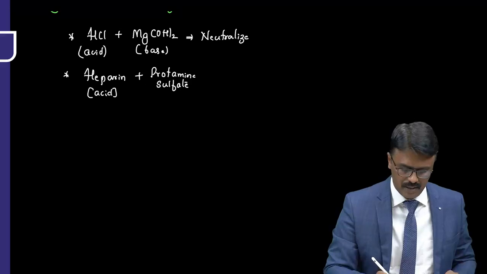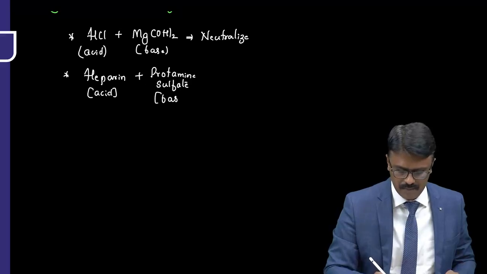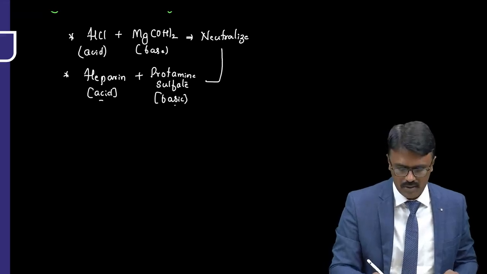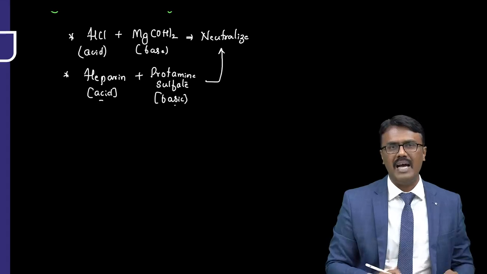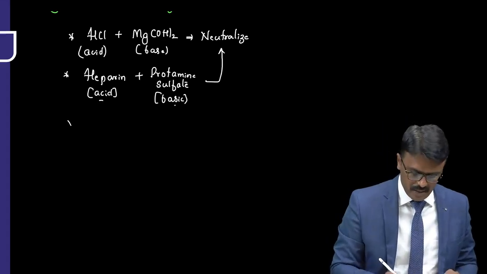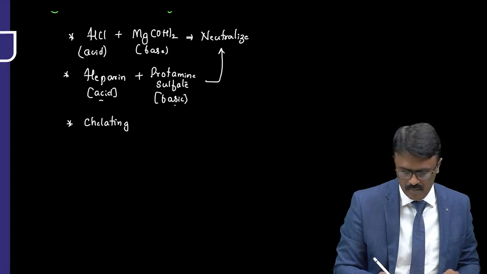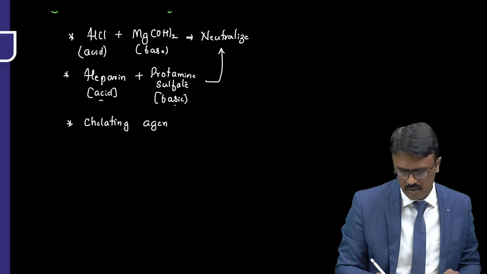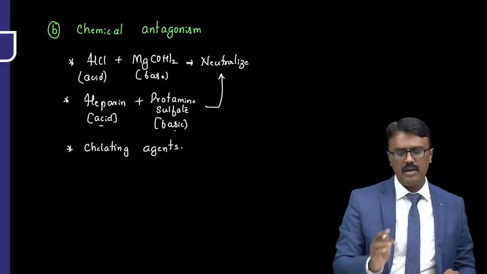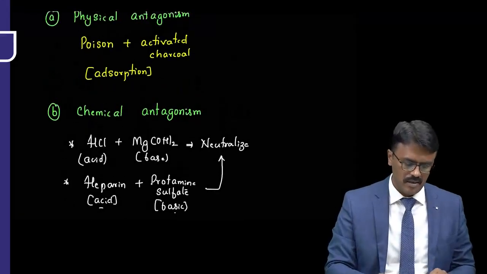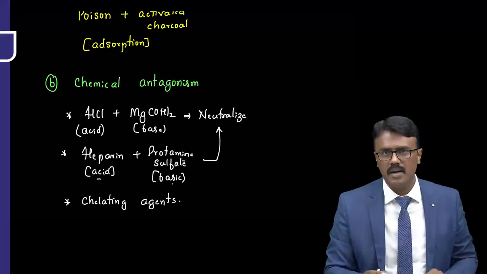But protamine sulfate is basic in nature. And you know that when acid and base combine, again what you see is neutralization of the action of heparin. In the same way we use chelating agents. We'll learn them later. They can also act by chemical antagonism. So number 1 I told you was physical. Number 2 I told you is chemical antagonism.